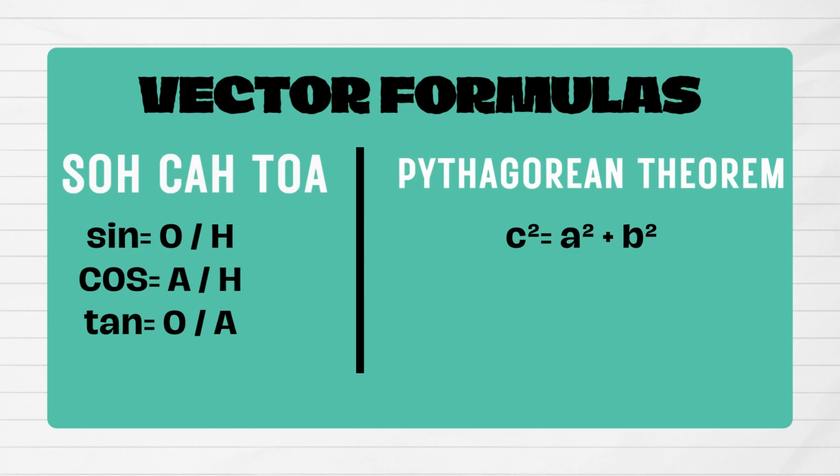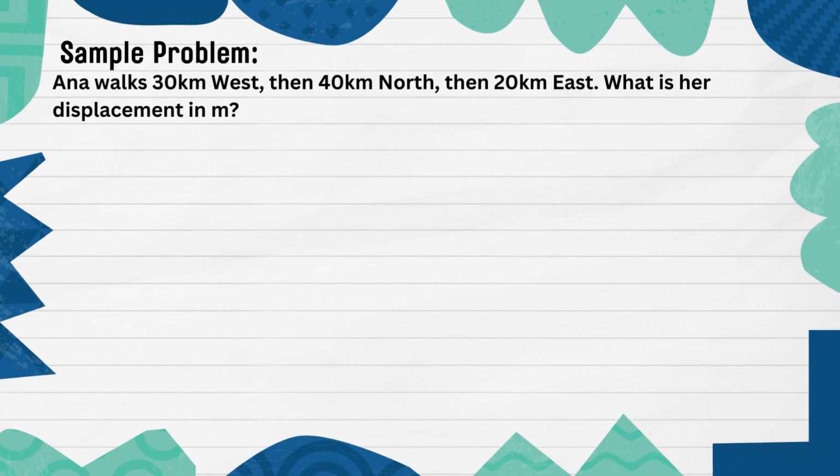Here is an example problem of vectors. Anna walks 30 km west, then 40 km north, then 20 km east. What is her displacement in meters? In meters, take note of that.